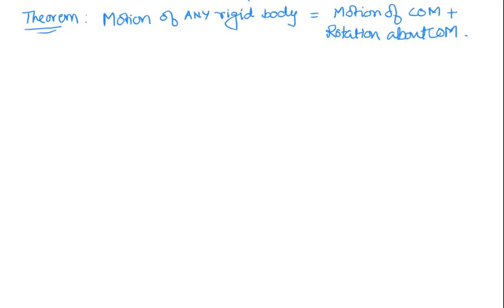And it makes sense also because up till now we were not considering rigid bodies, although we were talking about blocks and wedges and cars and people. But we were only talking about the translation of these objects. And we were not bothered even about the rotation.